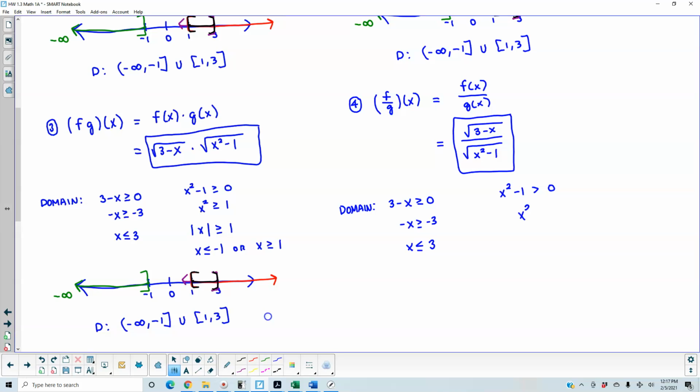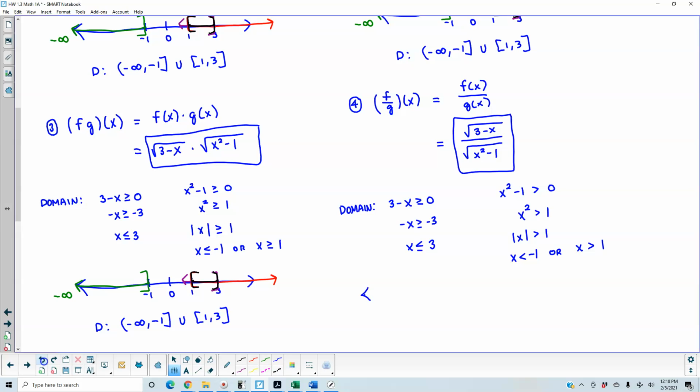So if we solve for x squared, we get x squared is greater than 1. So we have the absolute value of x greater than 1, which means that x is less than negative 1, or x is greater than 1.